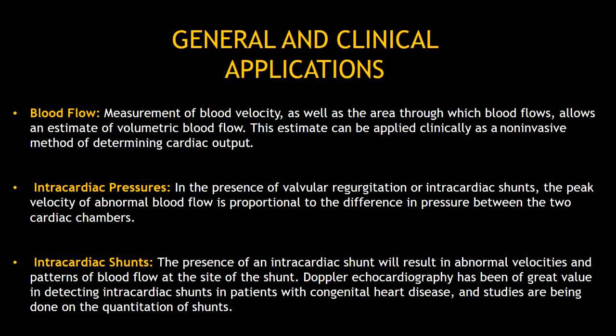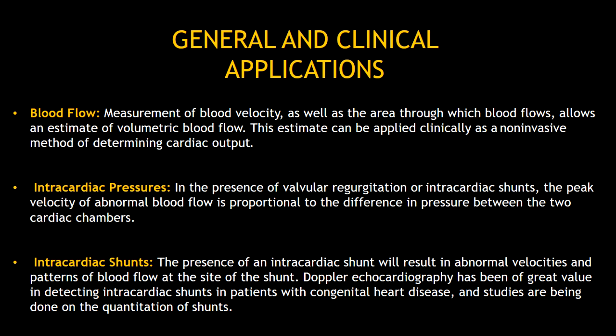Fourth, intracardiac pressures. In the presence of valvular regurgitation or intracardiac shunts, the peak velocity of abnormal blood flow is proportional to the difference in pressure between the two cardiac chambers. And fifth, intracardiac shunts.